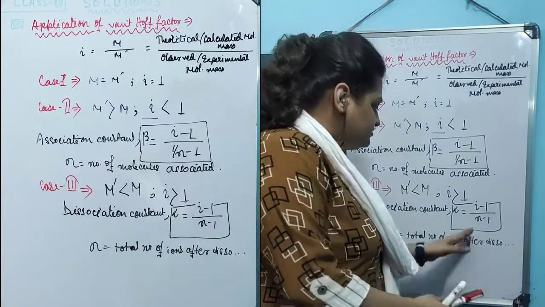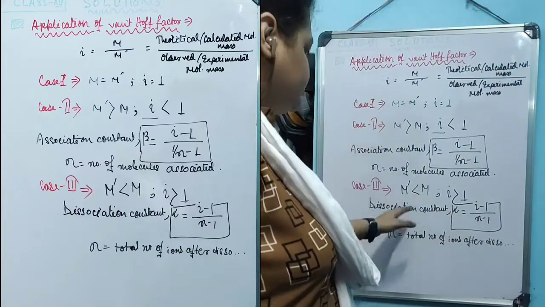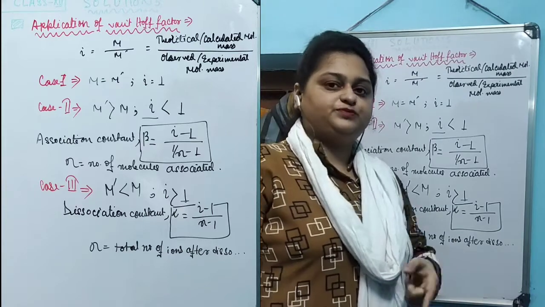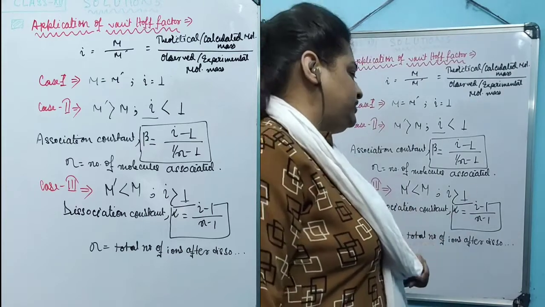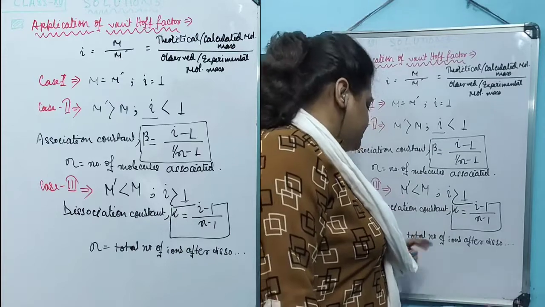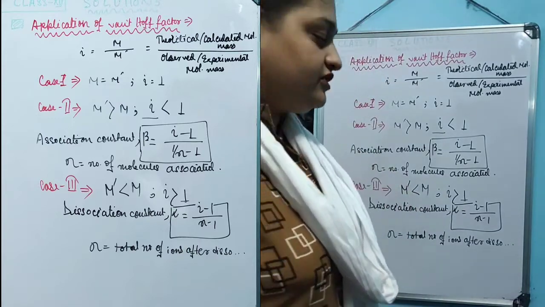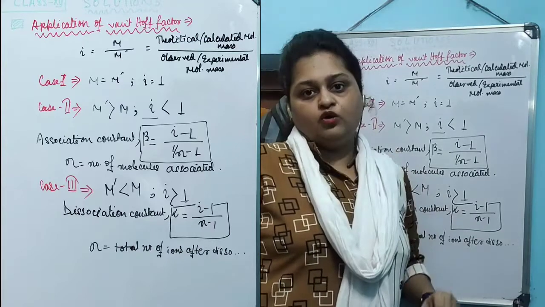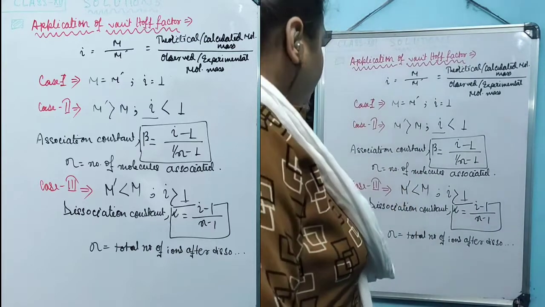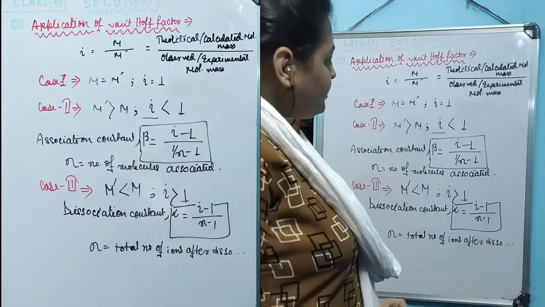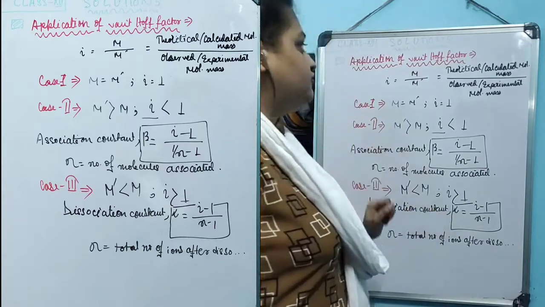By applying this law, if we know the dissociation constant alpha for this particular dissociation, we can calculate i, where n is the total number of ions that will be produced after the dissociation of one molecule of the solute. This is the main application that we have for the Van 't Hoff factor.